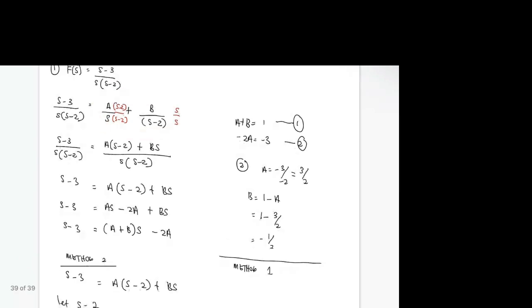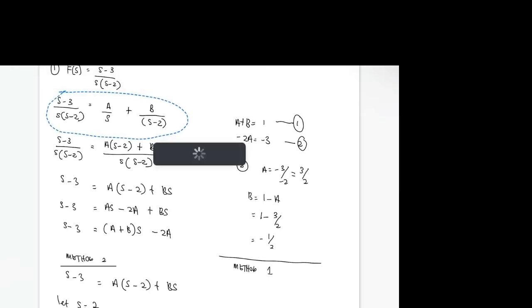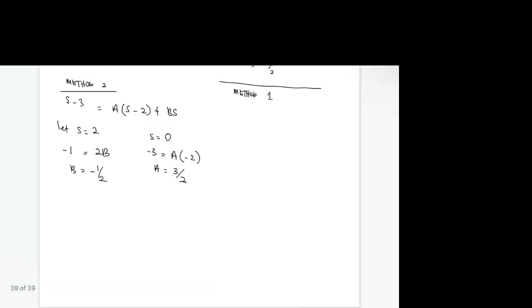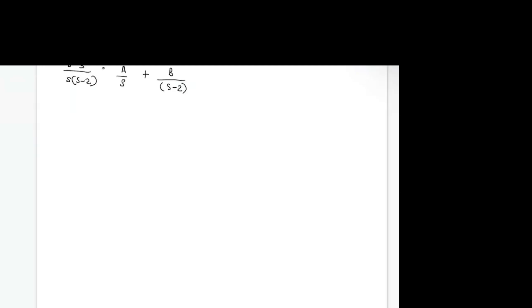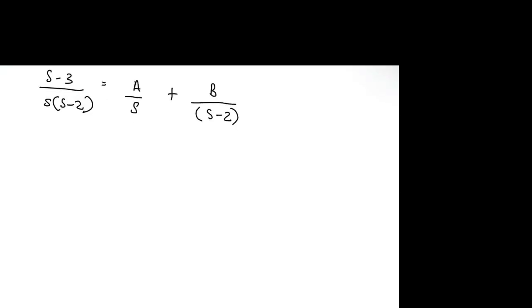So let me erase this one first. Let me bring this equation to the below. Okay, so here, a is 3 over 2, b is minus 1 over 2.